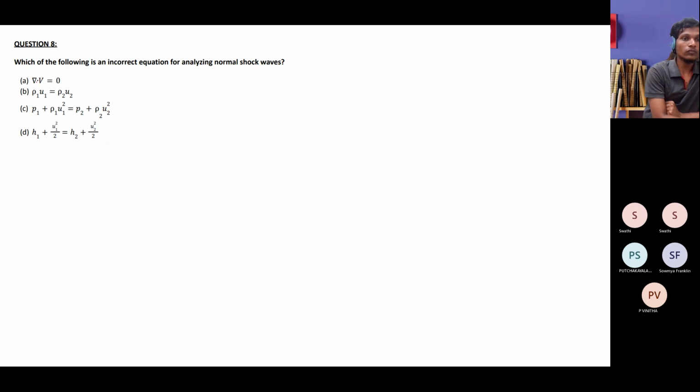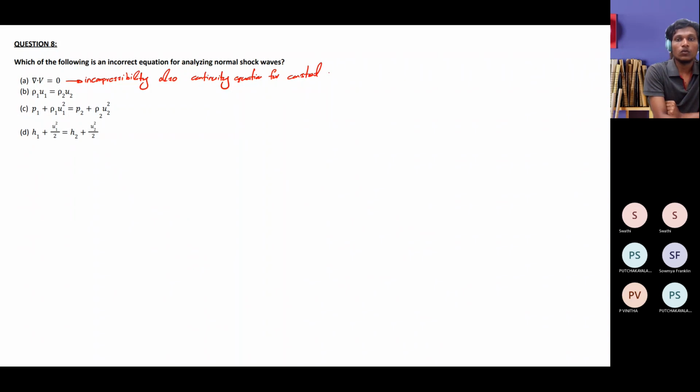Let's see the first equation. The first equation is stating incompressibility. This equation is the representation of incompressibility of the fluid, or also the continuity equation for constant density, steady state fluid flow.